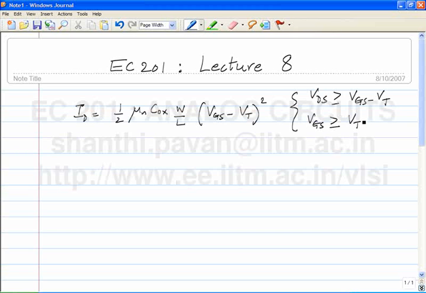And for an enhancement mode MOSFET, VT is positive.